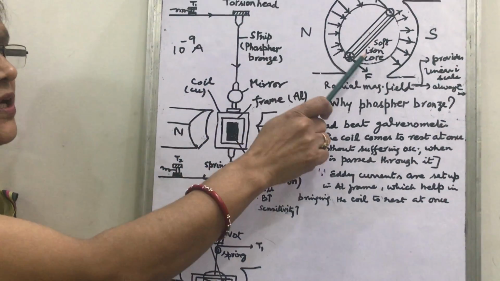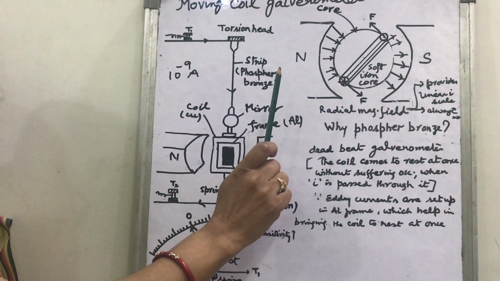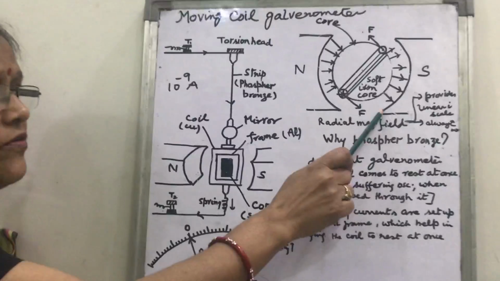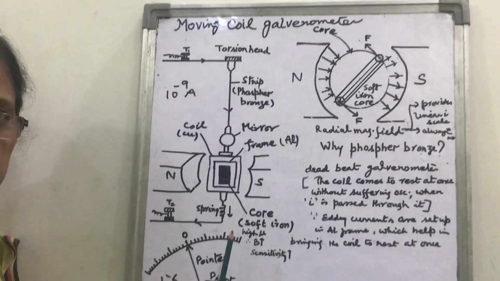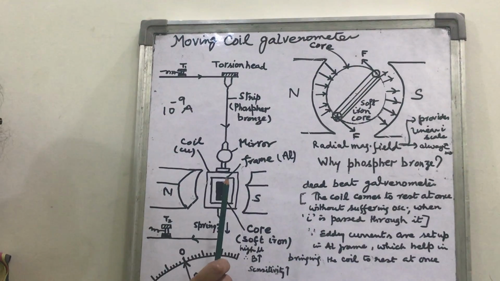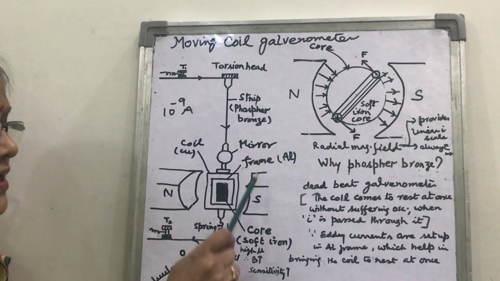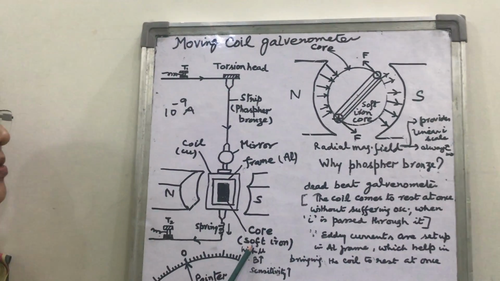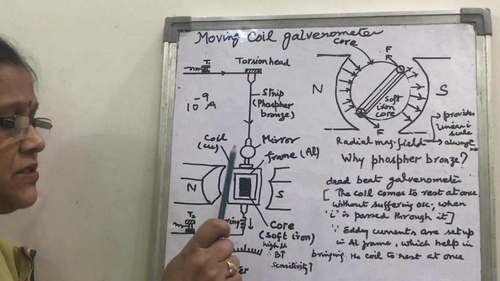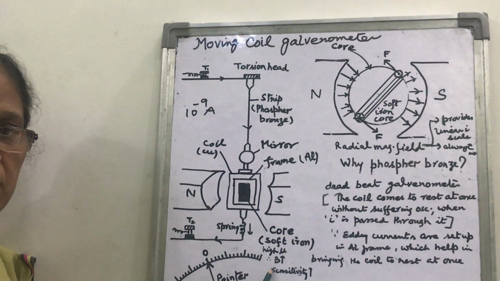So in the radial magnetic field, how is it made? By concave cut powerful magnet poles and cylindrically cut soft iron. Soft iron, why? It is written here, because its permeability is high. So it produces a large magnetic field.